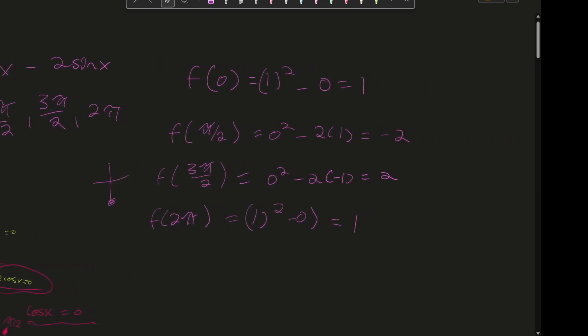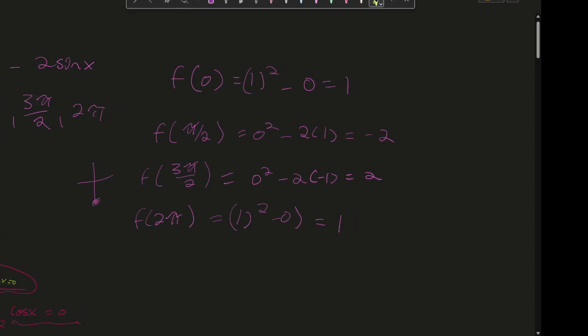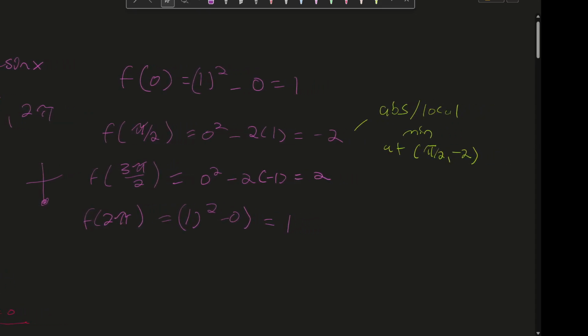Then you'll say, okay, I got an absolute and local min at pi over 2, negative 2. And then you'll have an absolute and local max at 3 pi over 2, 2.